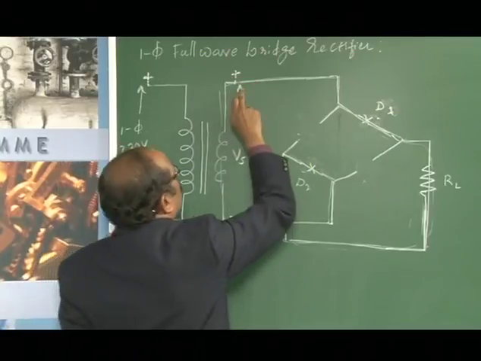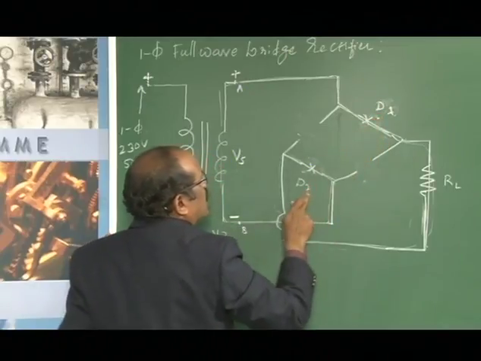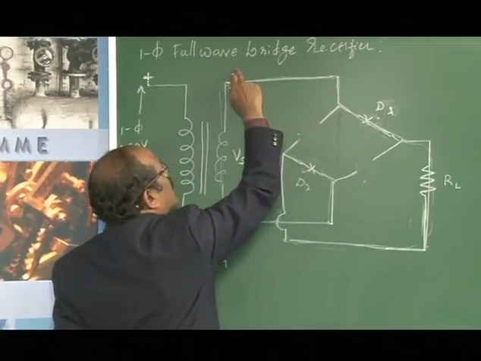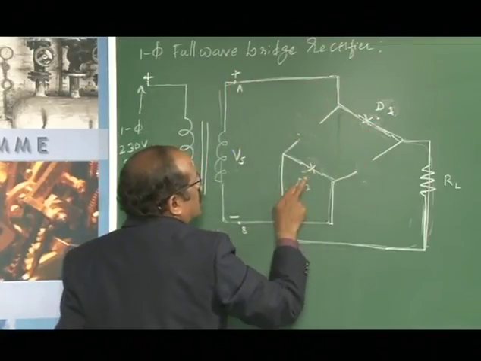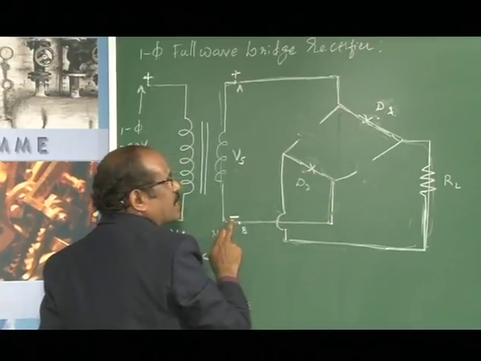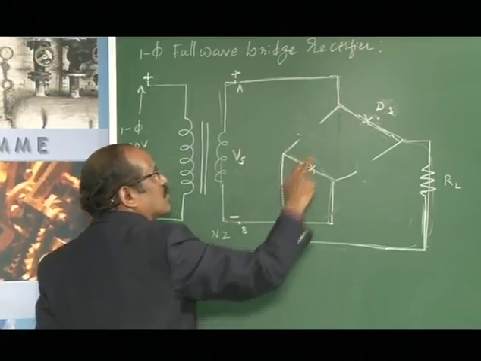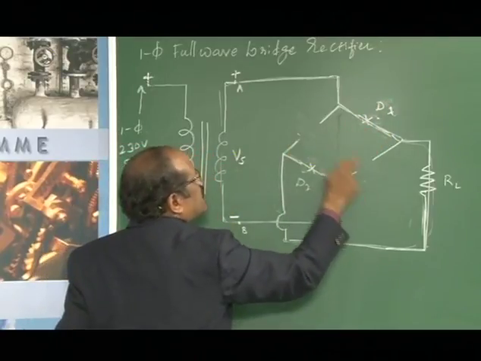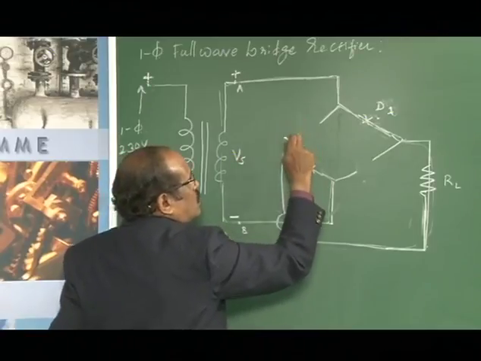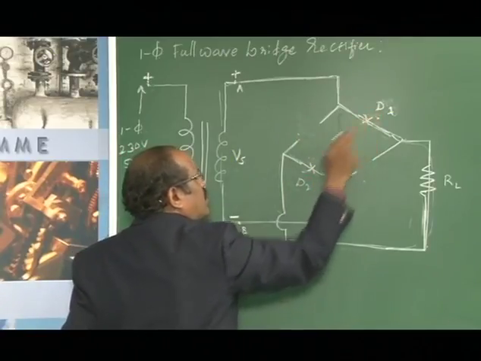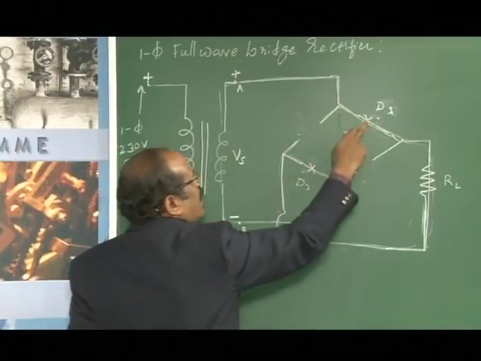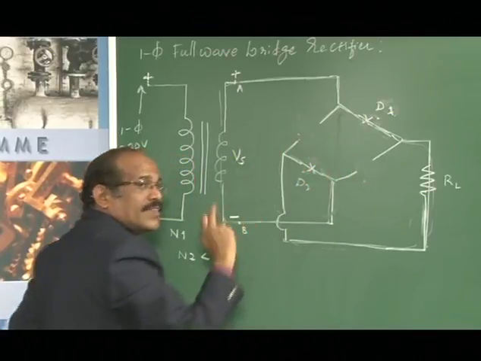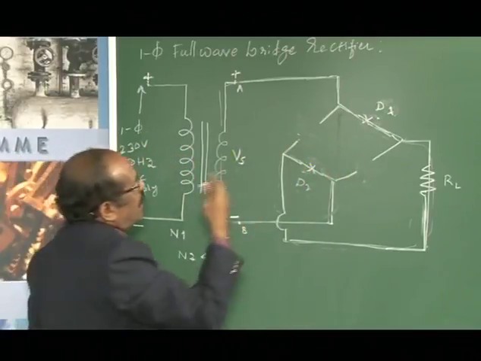So now the diodes D1 and D2 will be forward biased, because the anode of diode D1 will be at positive potential with reference to its cathode. Similarly, the cathode of diode D2 will be at negative potential with reference to its anode. Therefore, diodes D1 and D2 are forward biased, whereas diodes D3 and D4 are reverse biased. When D1 and D2 are forward biased, they act like a closed switch, and when D3 and D4 are reverse biased, they act like an open circuit.